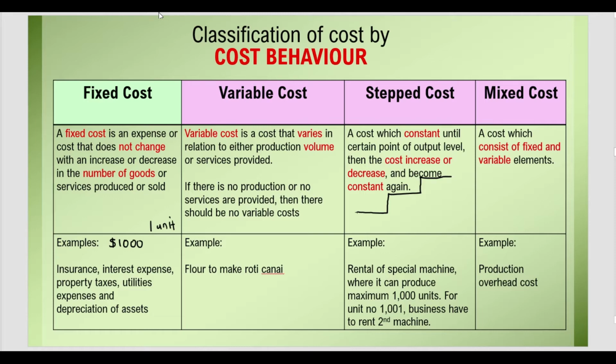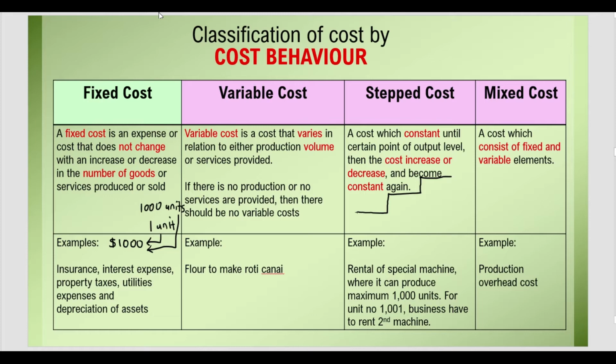So still, how much of rental do you have to pay? $1,000. If you produce, let's say, 1,000 units of output, your rental cost is still the same. You still have to pay $1,000.